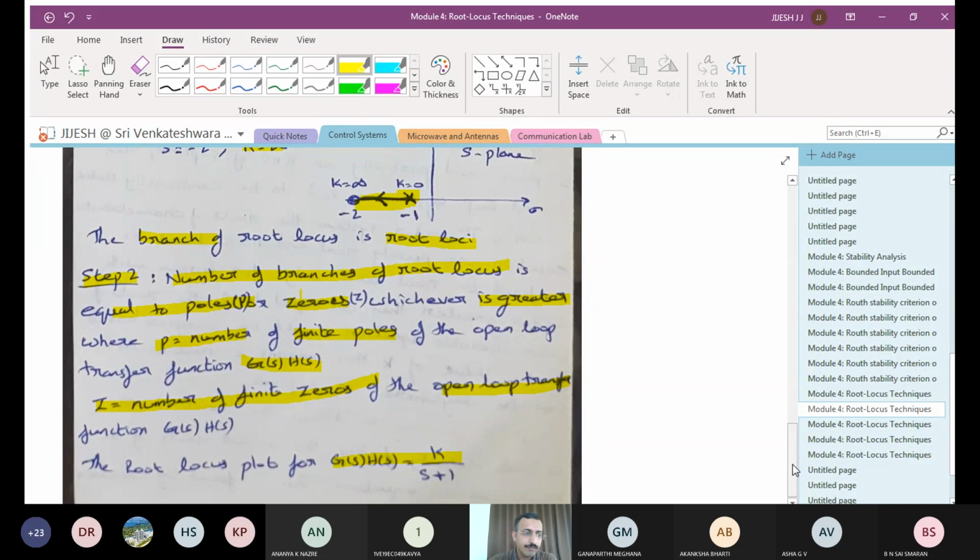So we have taken the root locus here. G of s, H of s is equal to k divided by s plus 1.